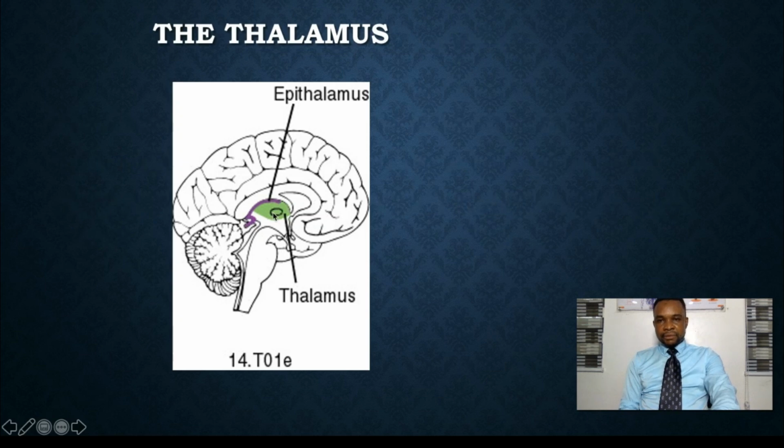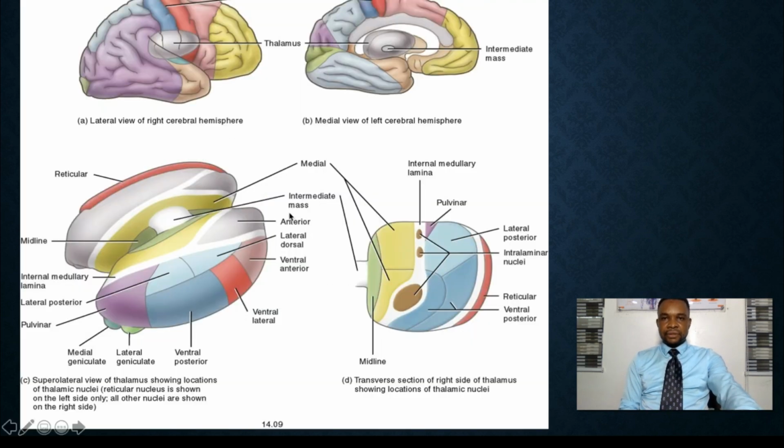This is the thalamus, the side that is painted green. So it serves as a relay station. You can see the thalamus here in the structure that is located in this diagram.